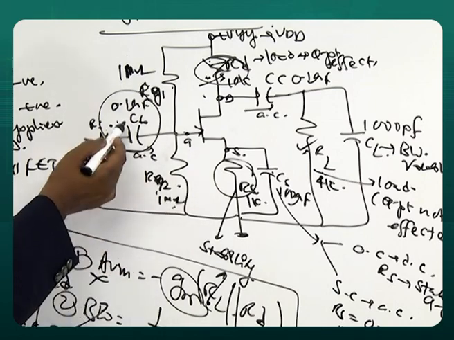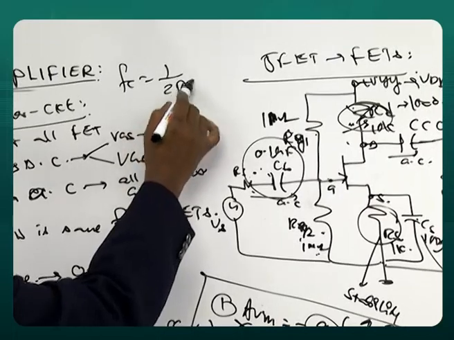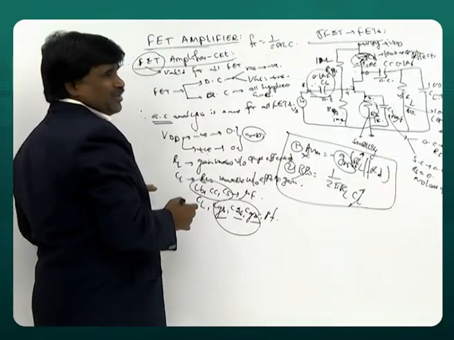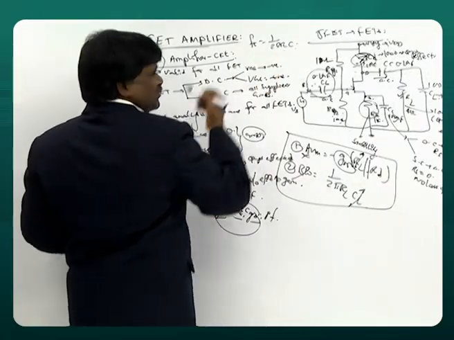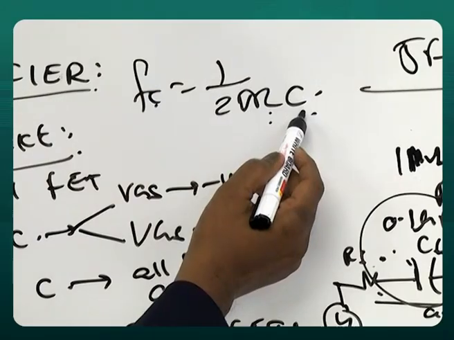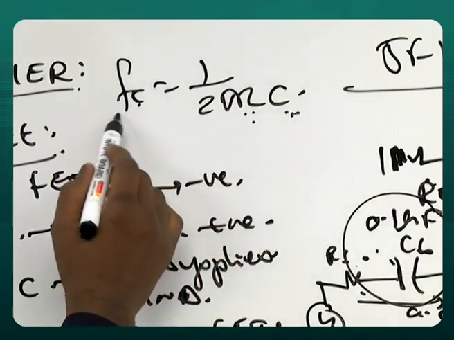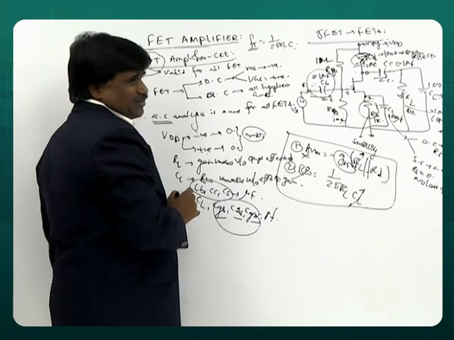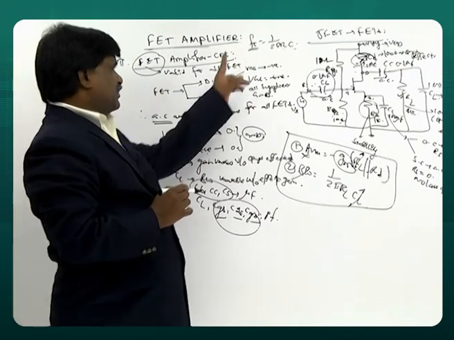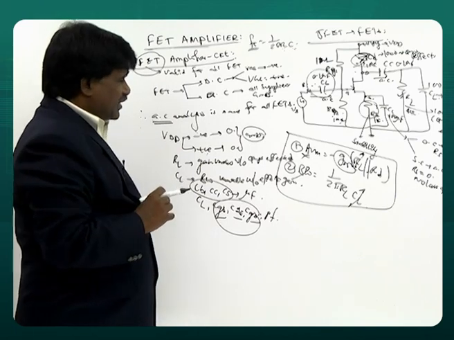When resistance increases, this should decrease because the cutoff frequency is 1 by 2 pi RC. So if both are increased, this becomes 0, no? So wherever resistance increases, capacitance should decrease, or wherever resistance decreases, capacitance should increase, in order to make it a small finite value. Otherwise, it becomes very, very small. That's a very interesting thing that one has to understand and remember.